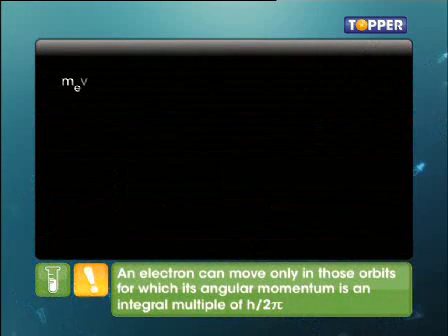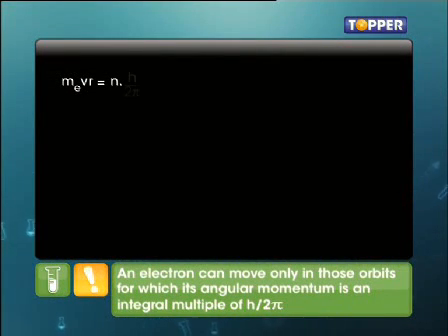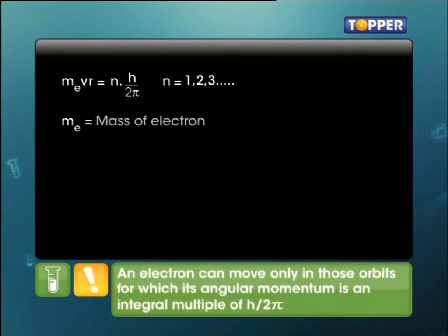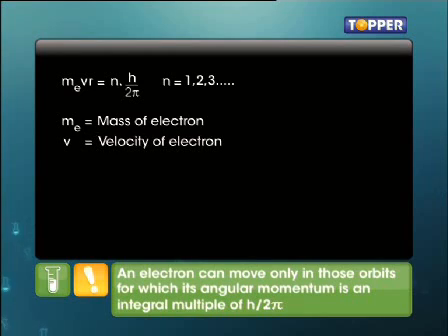Moving on to the next postulate. The next postulate states that an electron can move only in those orbits for which its angular momentum is an integral multiple of h upon 2 pi.